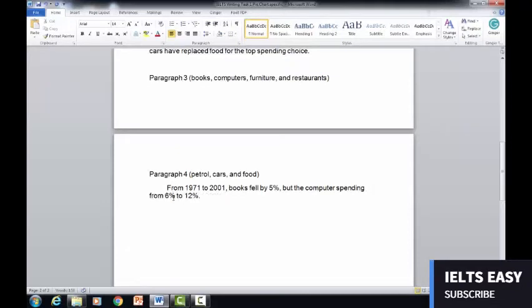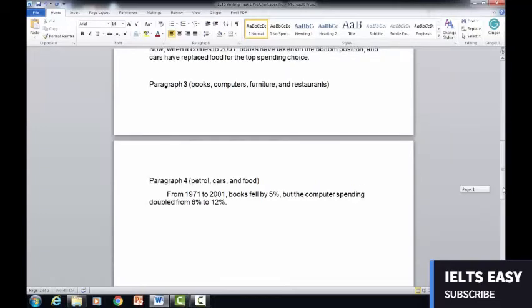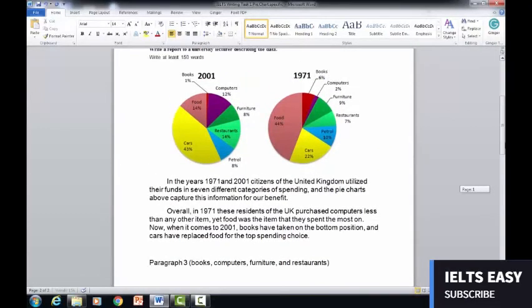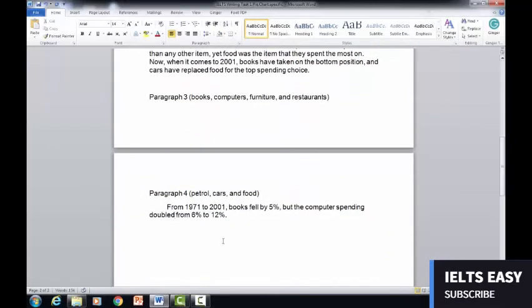And I wouldn't just say doubled. From 6% to 12%, right? So I talked about books and I talked about computer spending. Computers went from 2% to 12%, a 10% rise. That's how we could write that sentence.